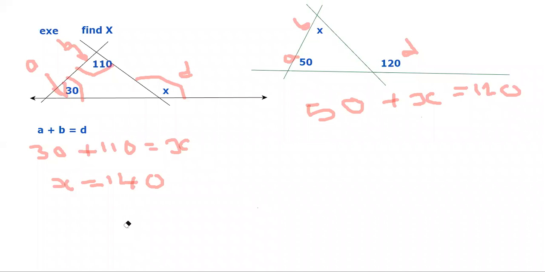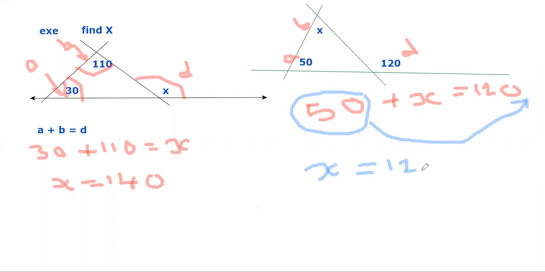So this is 50 plus X is equal to 120. I'll pick this 50 and bring it to this side. So X is equal to 120 minus 50. So X is equal to 70. If I'm not wrong, I'm still good at calculations. Okay, so that is over.